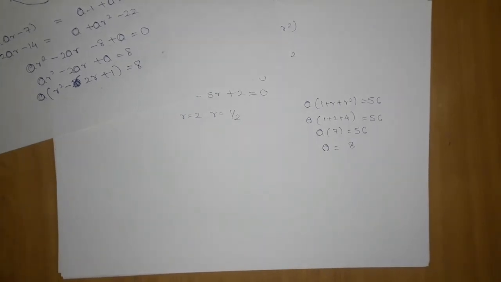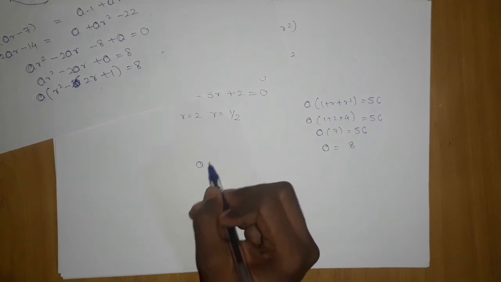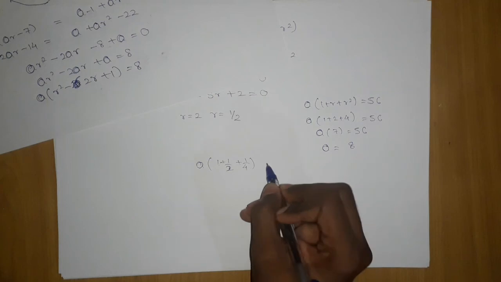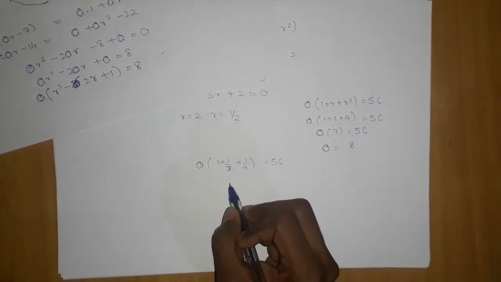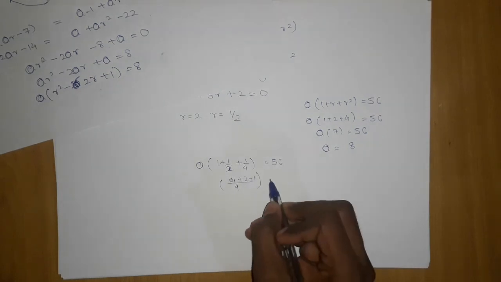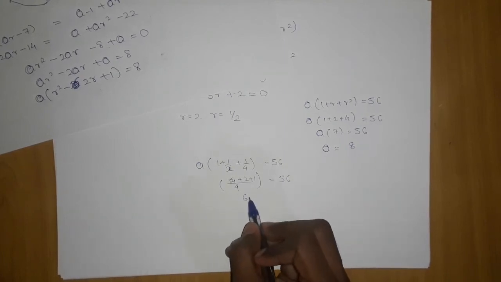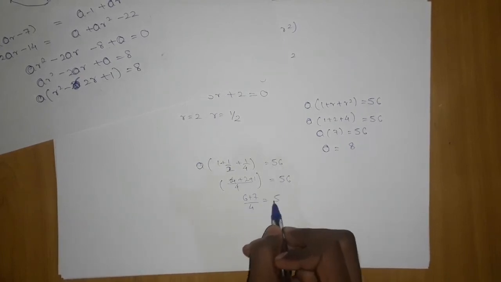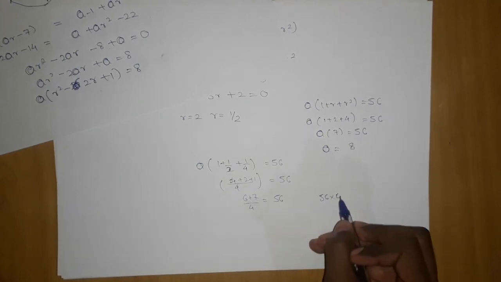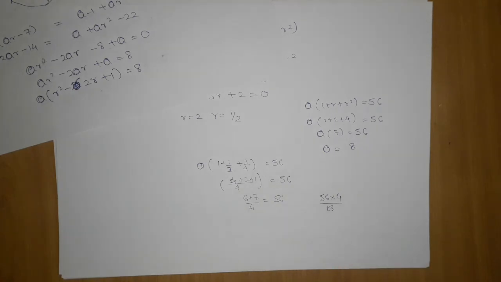Similarly, now let's check by putting r as 1 by 2 whether we get a different a. 1 plus 1 by 2 plus 1 by 4 is the denominator. If I make it here 4, it will be 4 plus 2 plus 1 by 4, which is 7 by 4, so 56 into 4 upon 7.